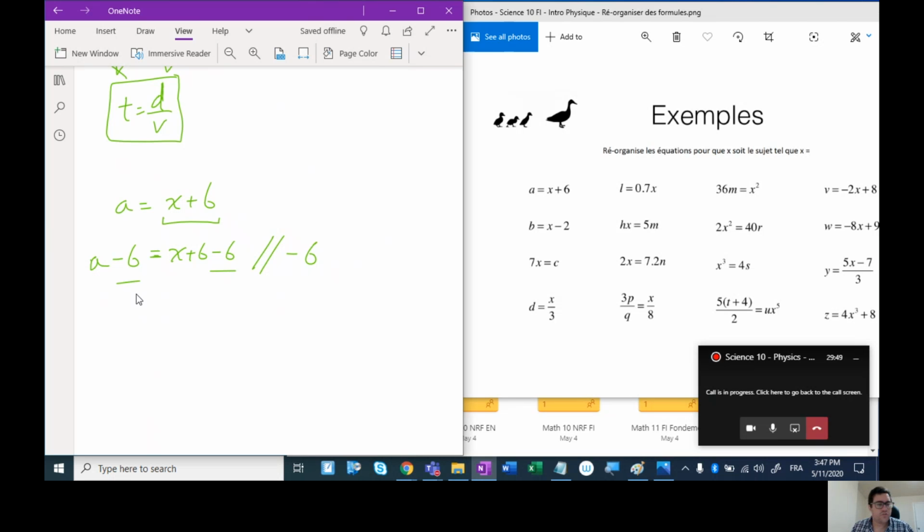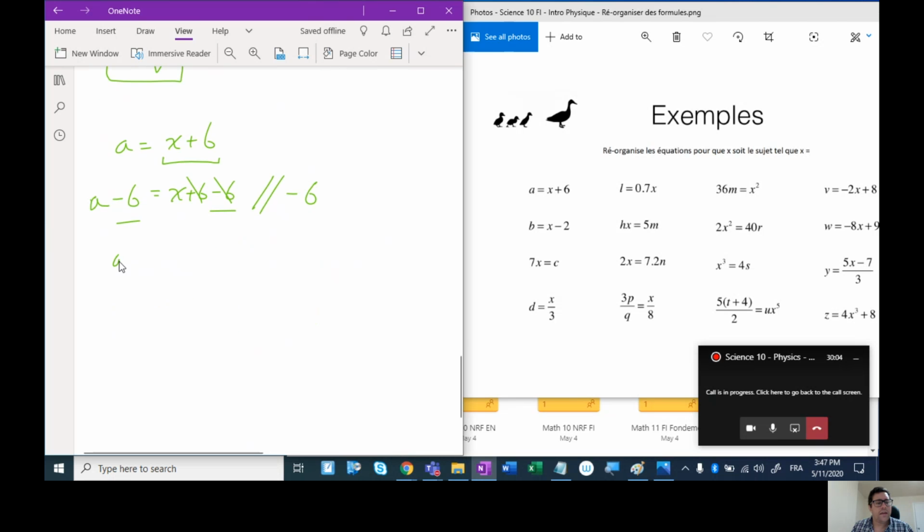Some of you would simply choose to write minus 6, something like that. I'm cool with that too. Plus 6 minus 6, done. A minus 6 is equal to x. That's an isolation for x.